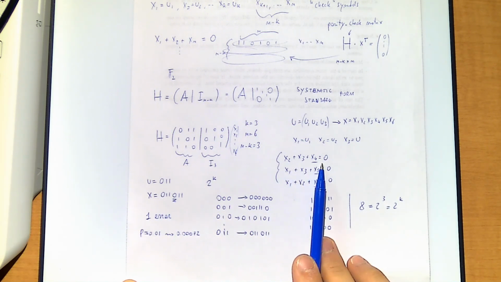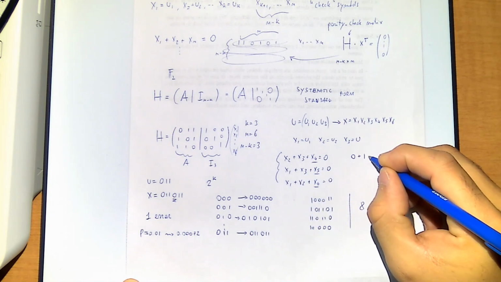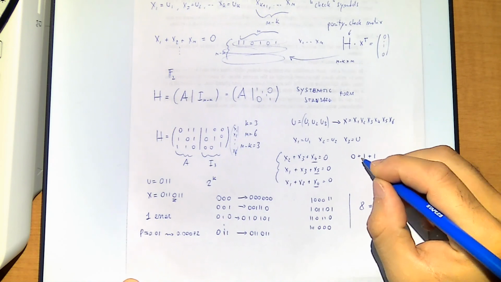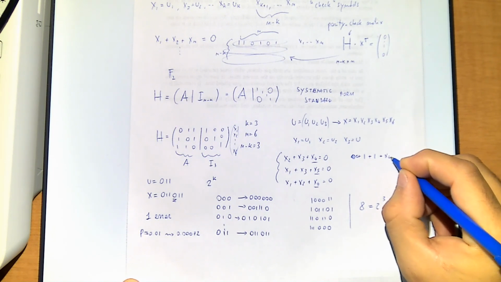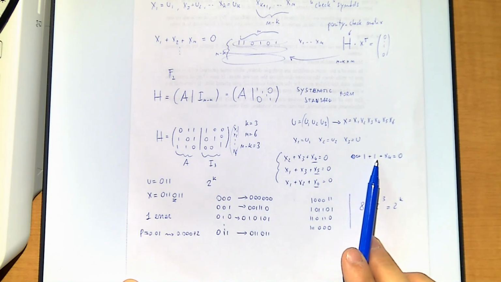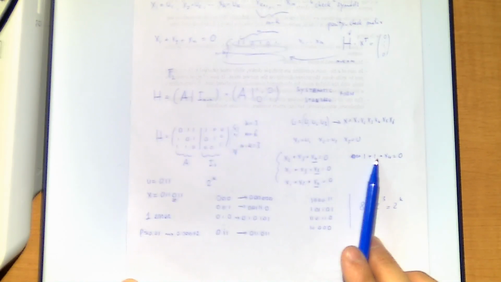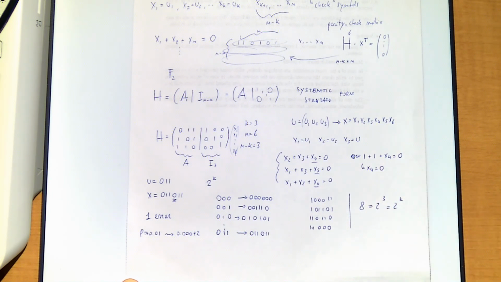So you solve the first equation: you get 0 plus 1 plus 1 plus x4 equal to 0, right? And 1 plus 1 is 2, modulo 2 is 0, since we are using bits. So you get x4 equal to 0. And that's why x4 is 0. We just solved the first equation.